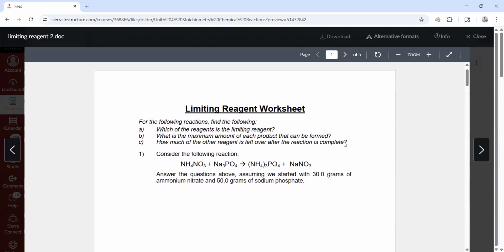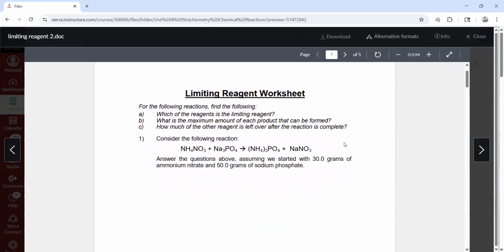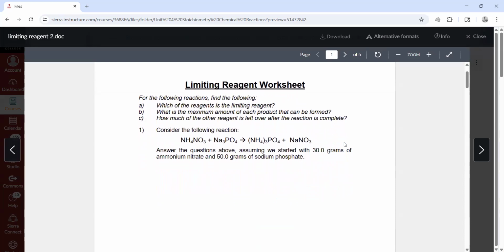Same thing. Okay, so here's a reaction. 30 grams of ammonium nitrate. That's this, the first one. 50 grams of sodium phosphate, it's the second one. Two givens. Same thing. Balance the equation.